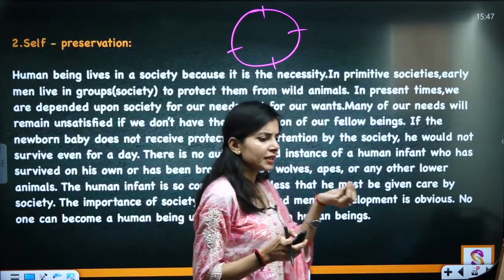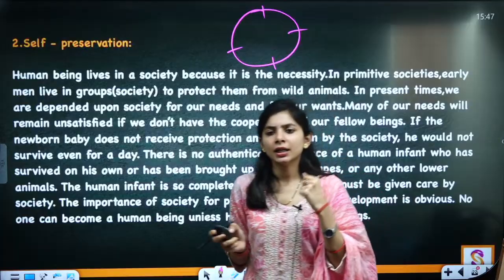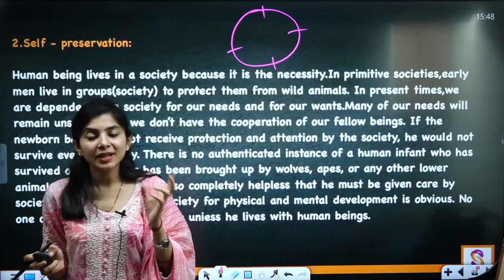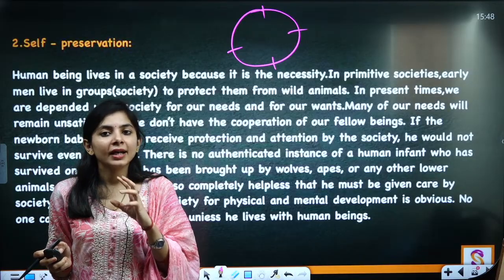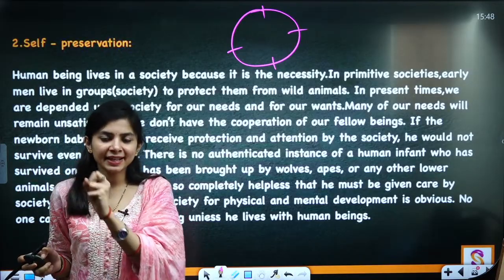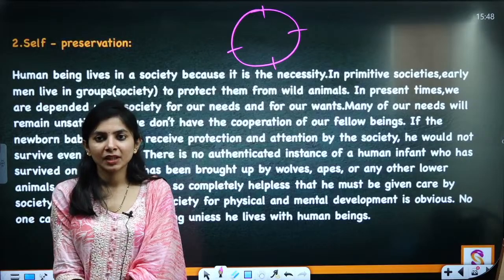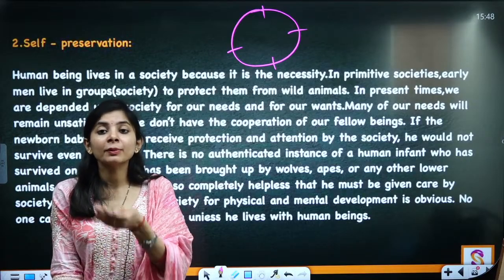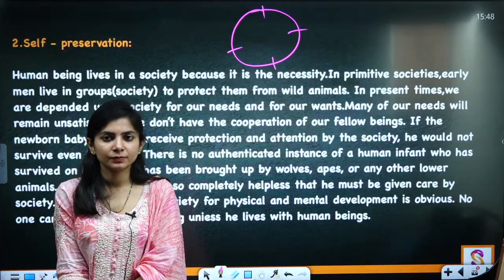Later on, one of them started feeling tired, and he slept. While sleeping, a wild animal attacked him. It means if you are alone, you won't be able to preserve yourself.